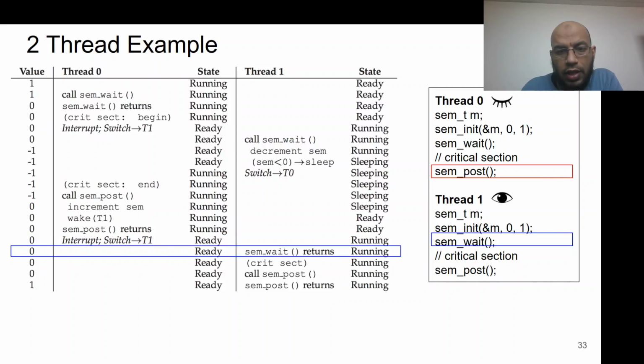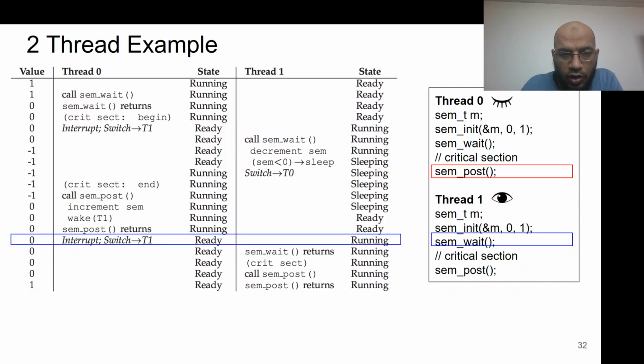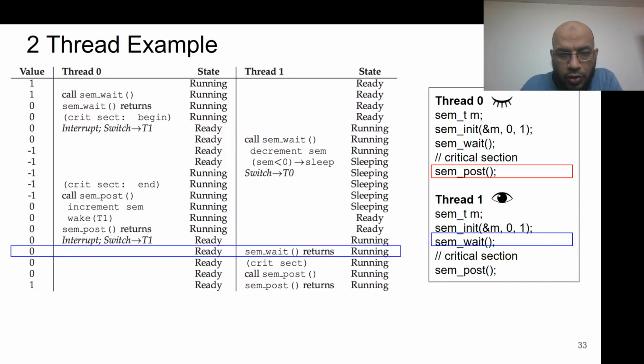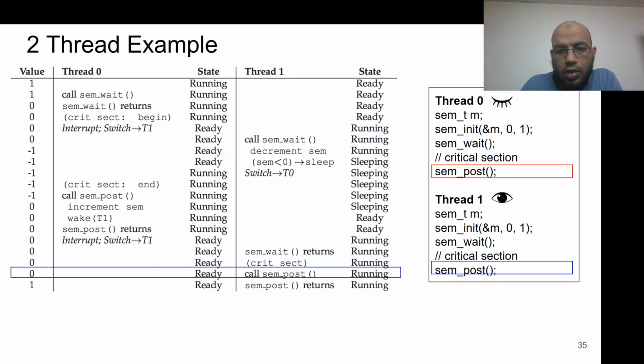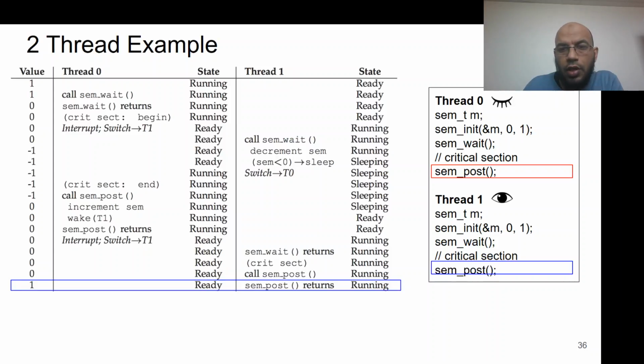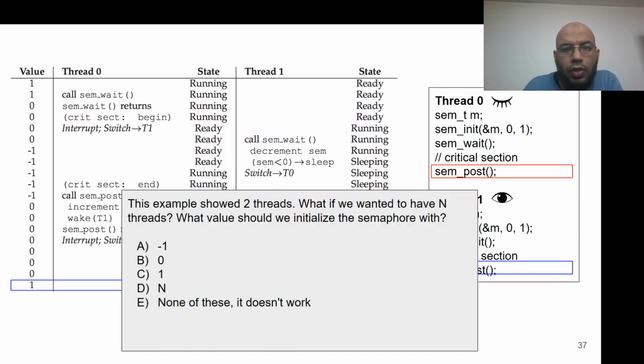Now it returns from semaphore wait, because the wake up call will actually return from semaphore wait, so there will be no other decrementing. It goes into the critical section, calls semaphore post in the critical section, and then semaphore post returns, increasing the number of the semaphore to 1, incrementing the number.